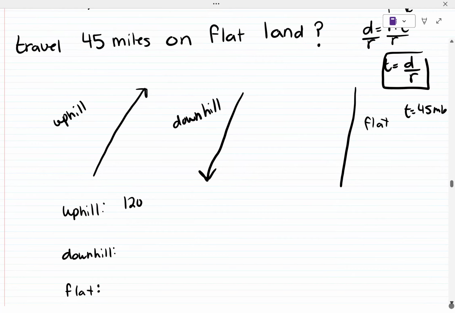A train goes twice as fast downhill as it can go uphill. Wait, I made a mistake. Downhill, it specifically said it goes 120 miles per hour, and it goes twice as fast as uphill. So you're gonna say 2x.